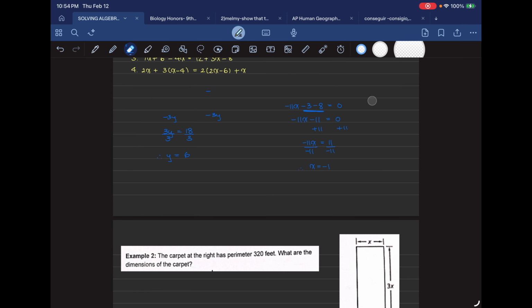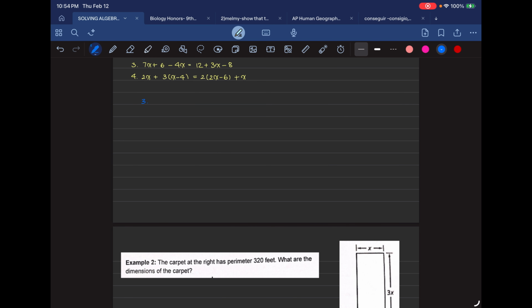Now, 3 and 4, they're a bit different. So let's look at this precisely. Number 3 says 7x plus 6 minus 4x on one side, where we have like terms here, 7x and negative 4x. So 3x plus 6. And we can say 3x plus 6 equals 12 plus 3x minus 8.